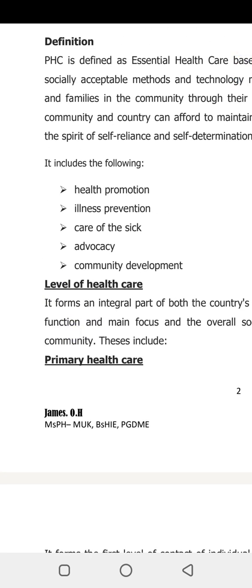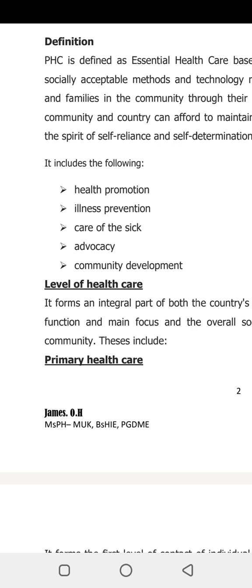We have bullet number 2, illness prevention. Under illness prevention, after providing equal health services, you have provided all the hospitals and everything. Now we first of all focus on the efforts made by the health experts within certain communities to make sure that people do not get ill, people do not fall sick.